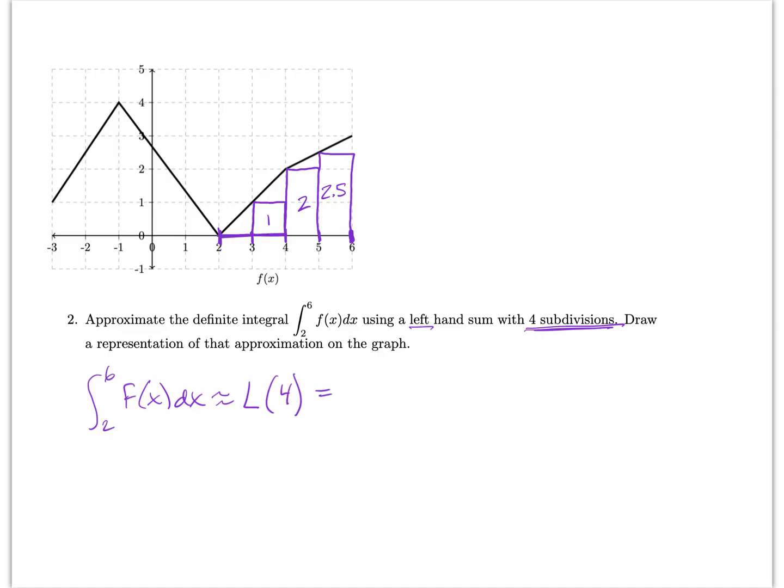And I can calculate that where this first rectangle has a base of 1 and a height of 0. Second rectangle has a base of 1 and a height of 1. Third rectangle has a base of 1 and a height of 2. And the fourth rectangle has a base of 1 and a height of 2.5. And that comes out to 5.5.